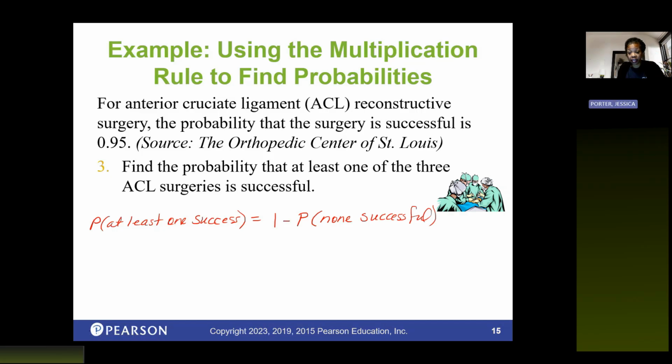When I was doing statistics, this one caught me up. The probability of at least one success is equal to 1 minus the probability that none were successful. So basically what they're saying is it's not none, it's at least one. So we subtract away the probability that none of them are successful. That's 1 minus 0.000125. Was it 3 zeros? Yeah. And so that is 0.999875.